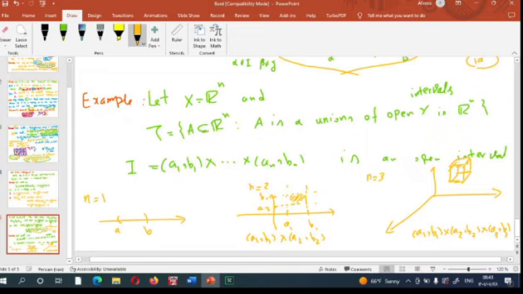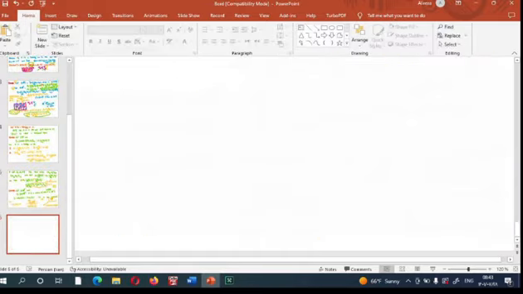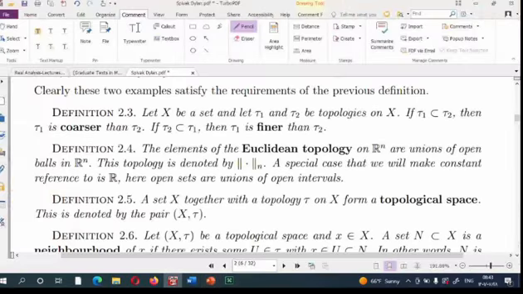Its proof is similar to the previous example. And this is the definition of the Euclidean topology on Rn.